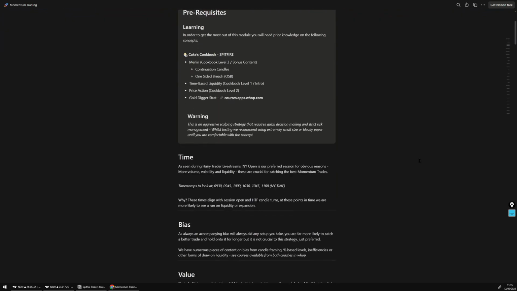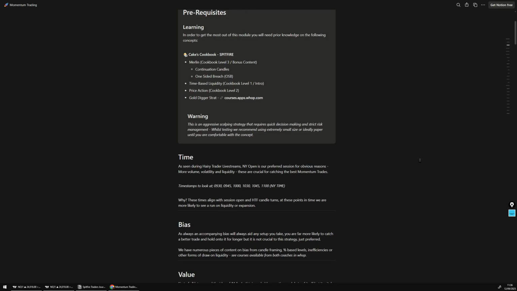So we'll crack on. Time: as seen during Hairy Traders live streams, New York Open is our preferred session for obvious reasons. More volume, volatility, and liquidity. So these are crucial for catching the best momentum trades. The timestamps that we typically look at are going to be 9:30, 9:45, 10 a.m., 10:30, 10:45, 11 New York time.